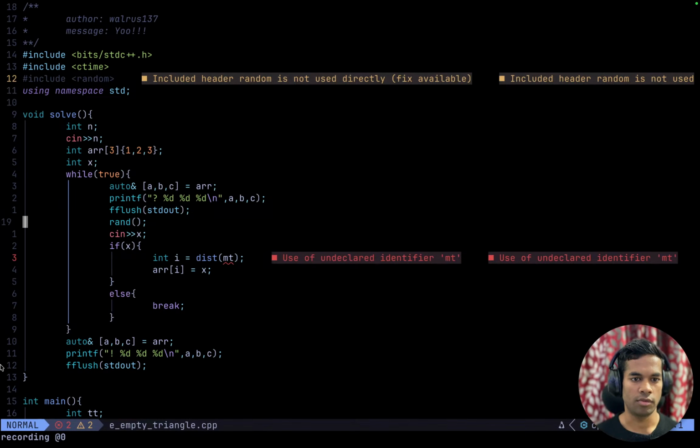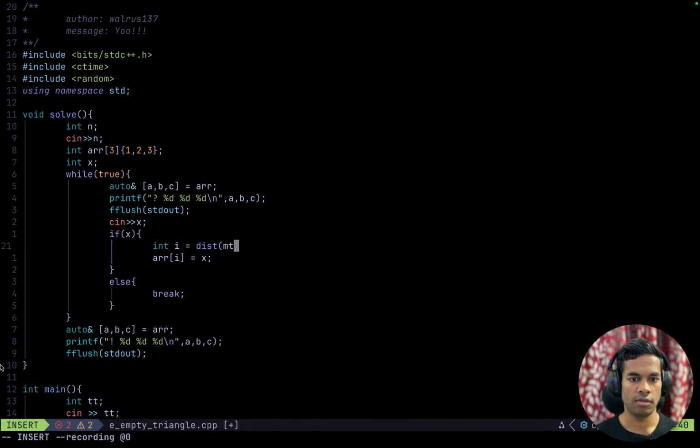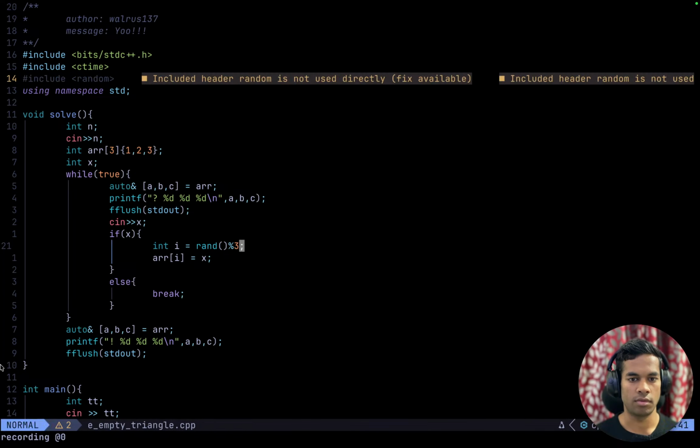We can skip all of this and we can say this equals random remainder 3.